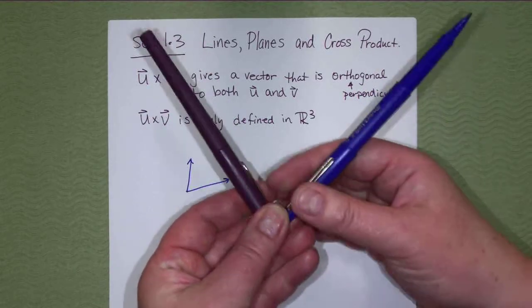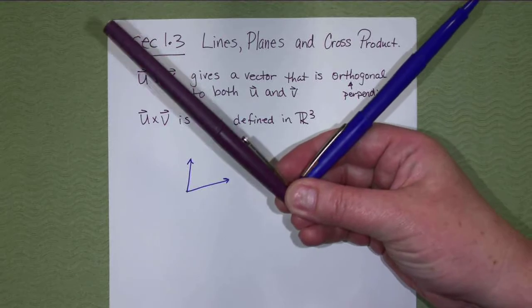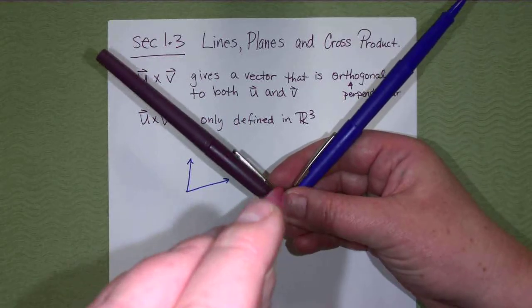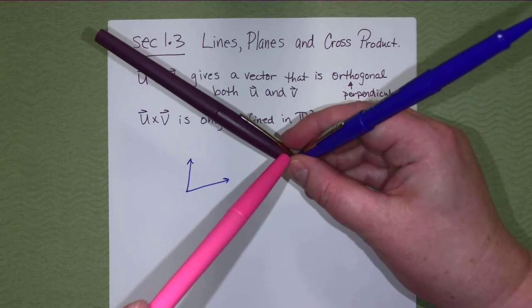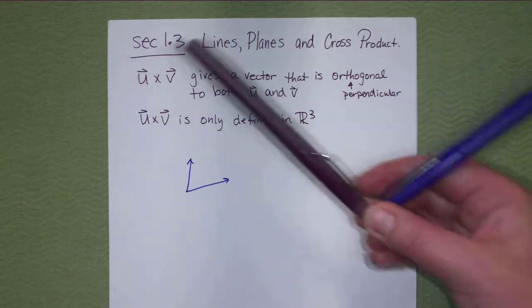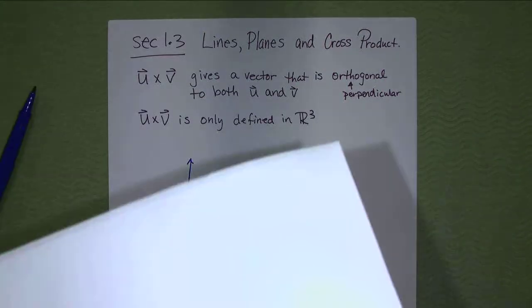Now, the cross product takes those 2 vectors and finds a 3rd vector that sticks straight out of that plane. Can you picture that? So you've got a piece of paper, which is your plane, and then it's giving you the vector that's coming straight out of that.